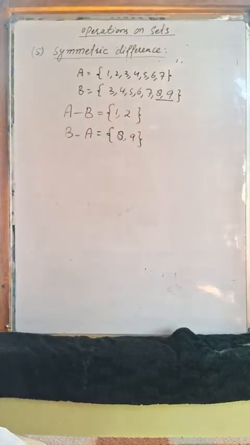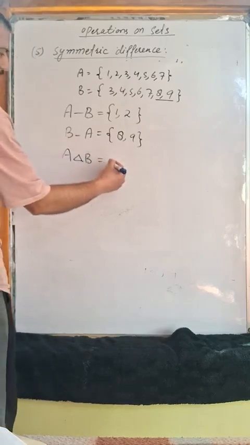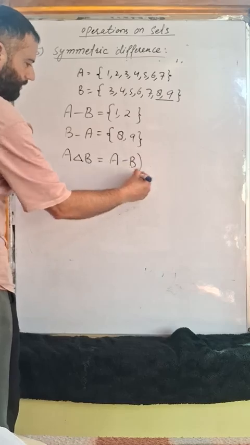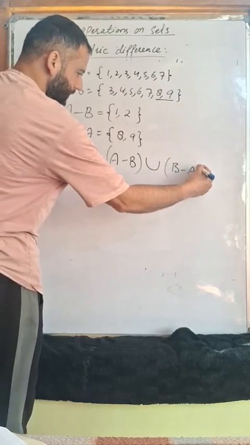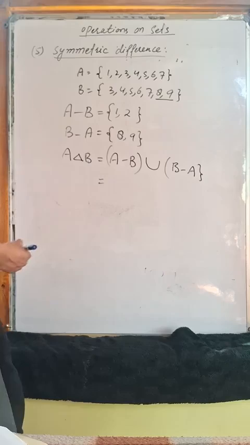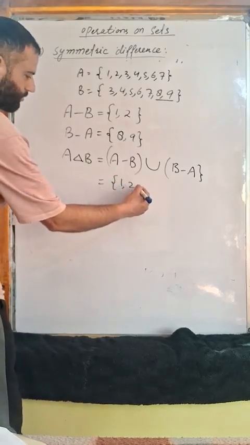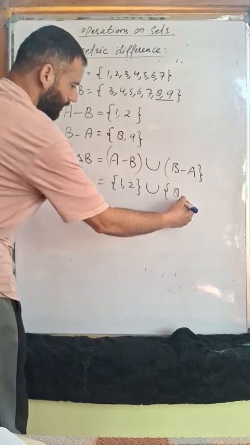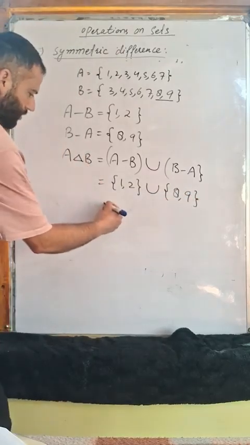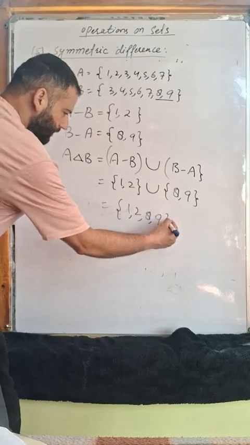Now let us take the symmetric difference of the two sets. It is equal to A minus B union B minus A. What is A minus B? 1, 2, union 8, 9. So the union will be 1, 2, 8, 9.